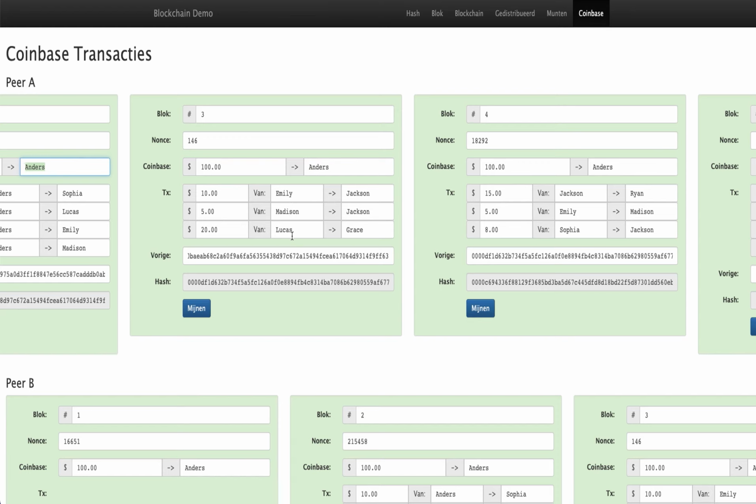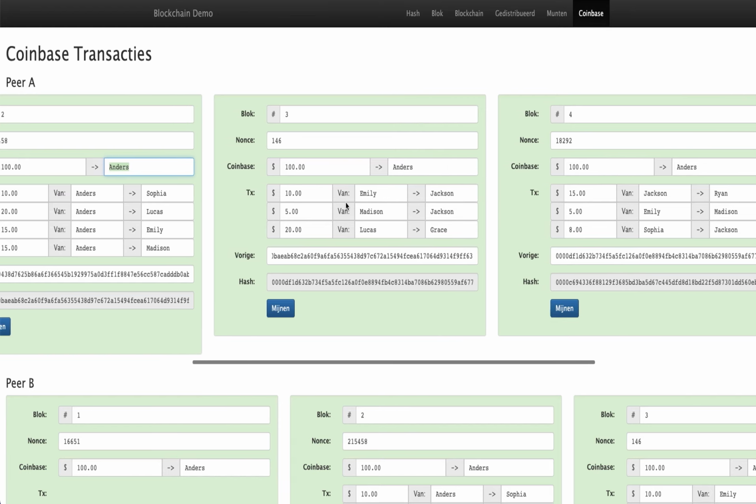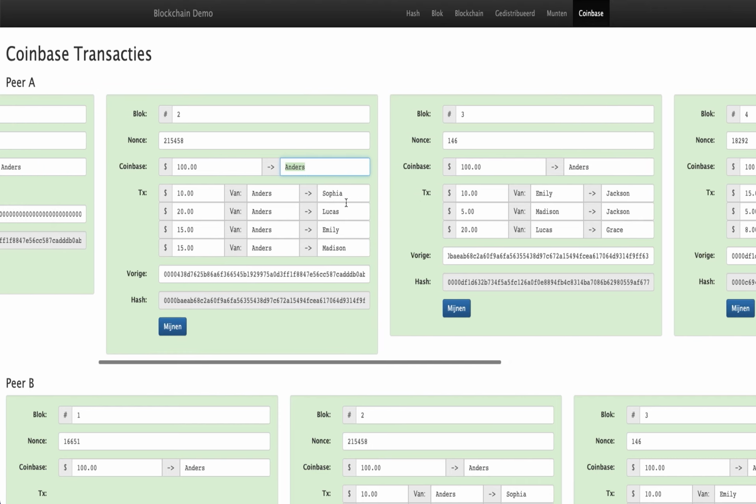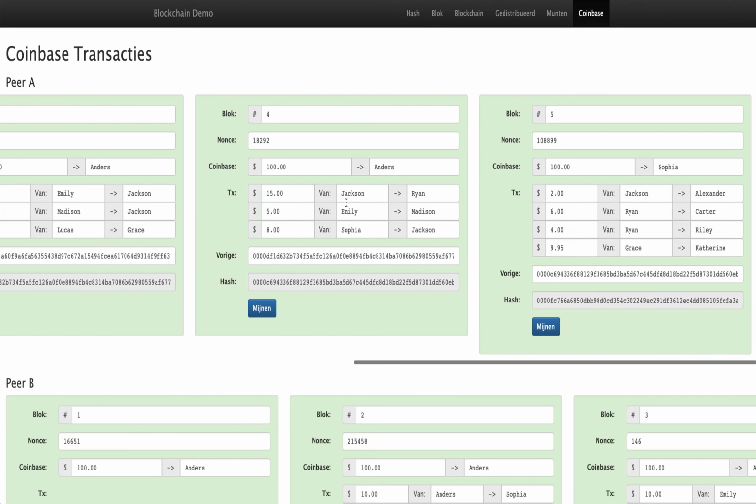Here 2 people give money to Jackson, $15 in total. So we could see that Jackson has the money. To know the balance, you can trace all the transactions back to the first block, like you see now. Okay, that was my explanation of the blockchain.